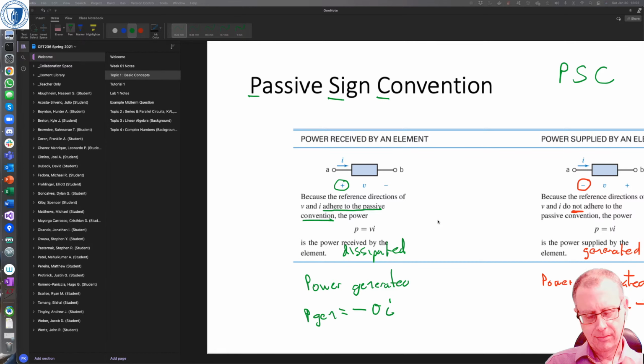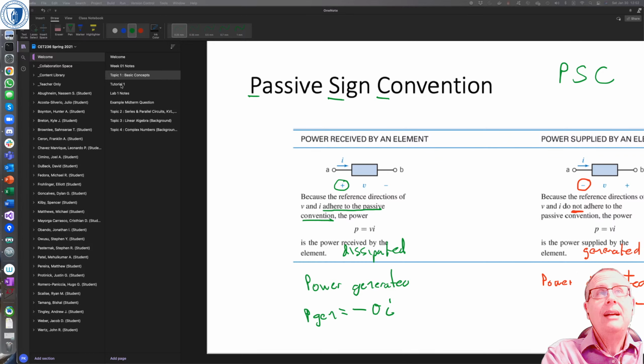Okay, so think about the passive sign convention again, and look at homework 1. As I said, that's due 11:59 p.m. next week. And try and get lab 1 done. It's not due until 2 weeks from today, but please try and get it done.